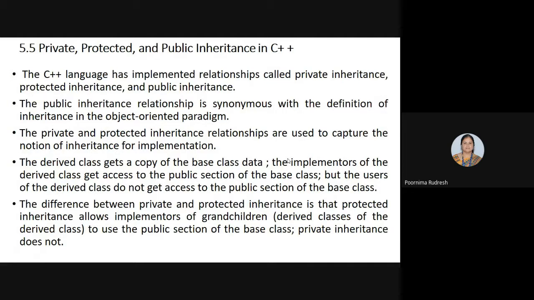Class A is the base class and class B is the derived class. So in class A, if we declare it as private and protected, then what will the inheritance relationship do?